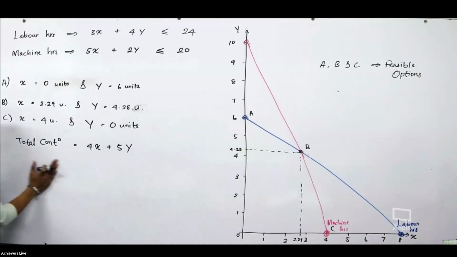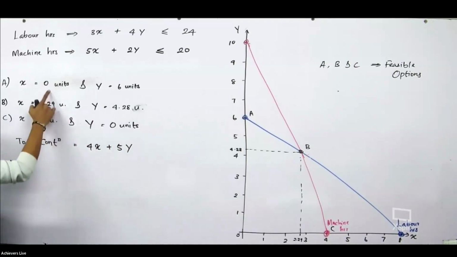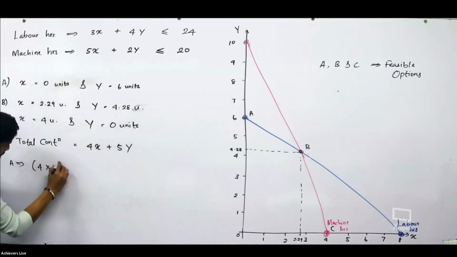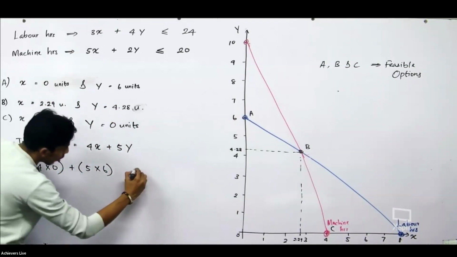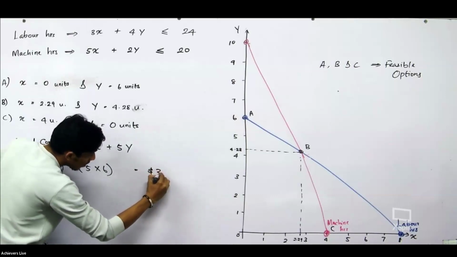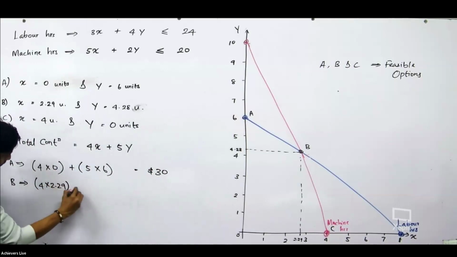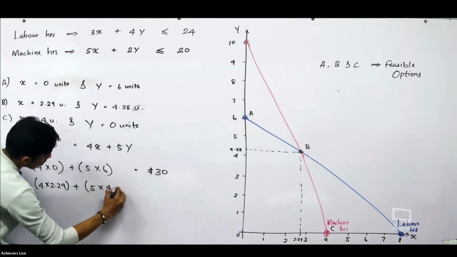So if you go for this contribution formula, now option A: 0 units of X and 6 units of Y. So 4 into 0 plus 5 into 6. How much? $30. If you go for option B, 2.29 units. So 4 into 2.29 plus 5 into 4.28.